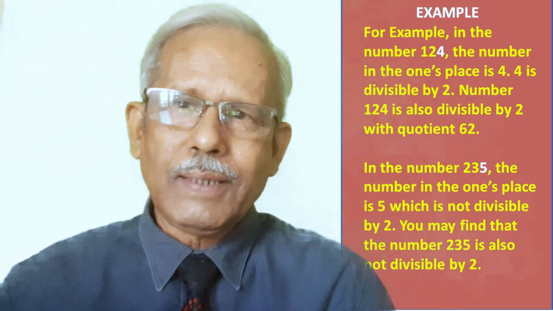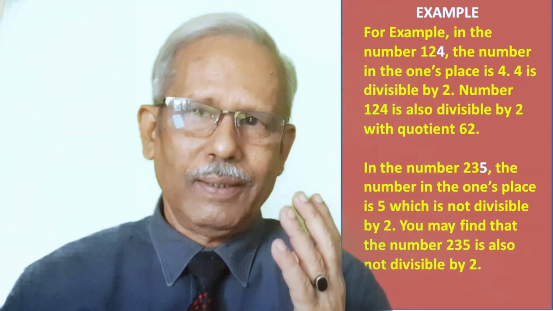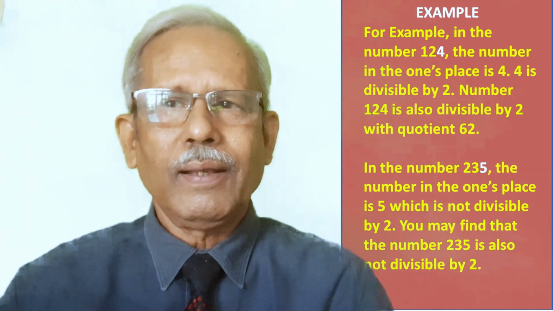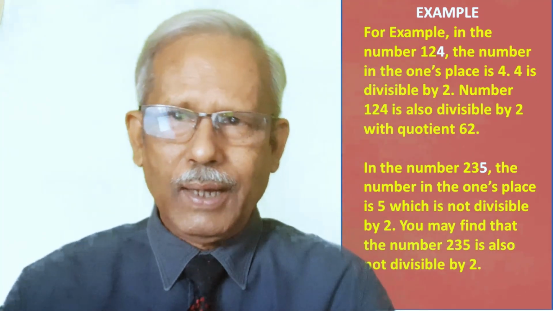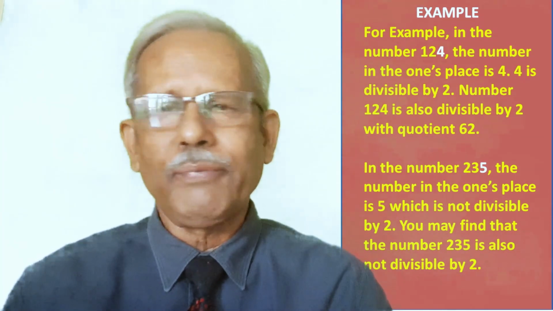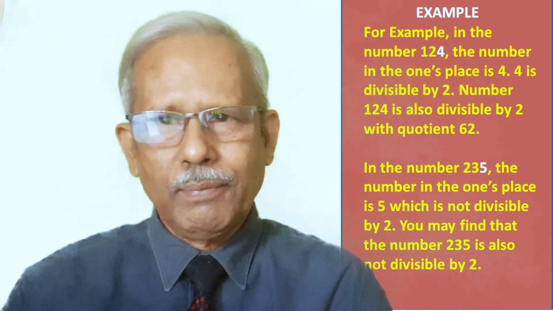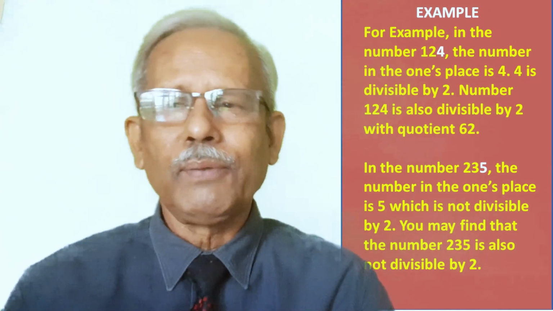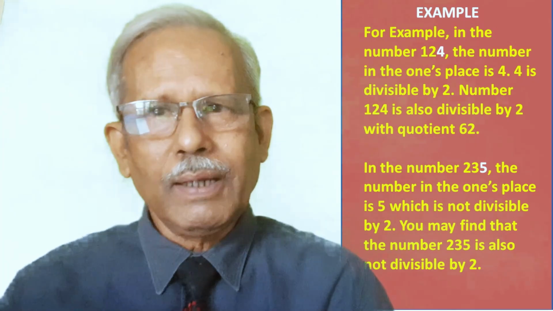Let us take another example, the number 235. Here the digit in the ones place is 5, which is not divisible by 2, and you can see that 235 is not divisible by 2. So divisibility by 2 will be established only when the digit in the ones place is an even number.